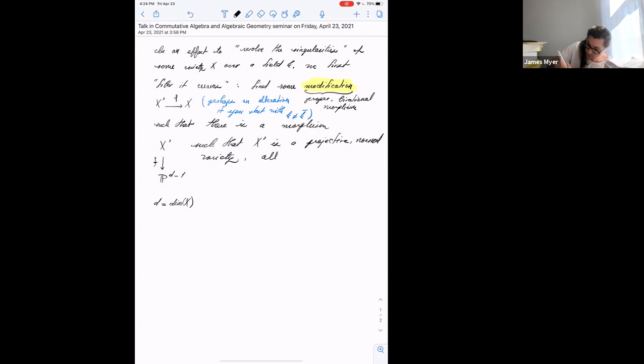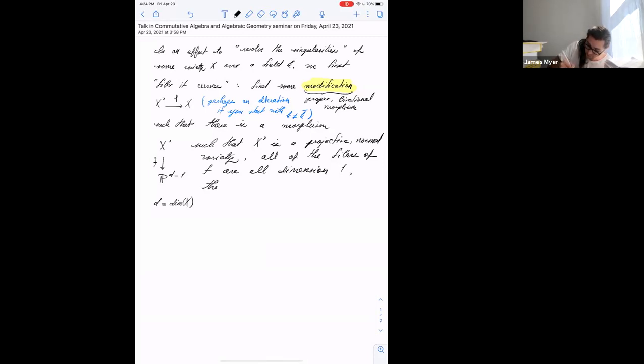All of the fibers of F are curves. They're all dimension 1, I should say. They might break up into pieces, so they might not be irreducible, but they're at least dimension 1.